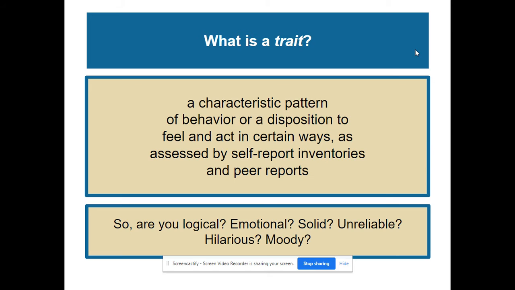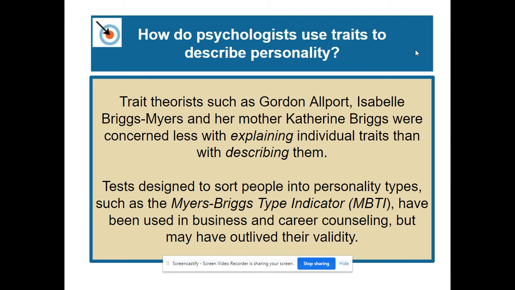So, as we look at the trait approach, there are possible dimensions that factor into your traits. Trait theorists, such as Gordon Allport, Isabel Briggs Myers, or her mother Katharine Briggs, were concerned less with explaining these individual traits than describing them.